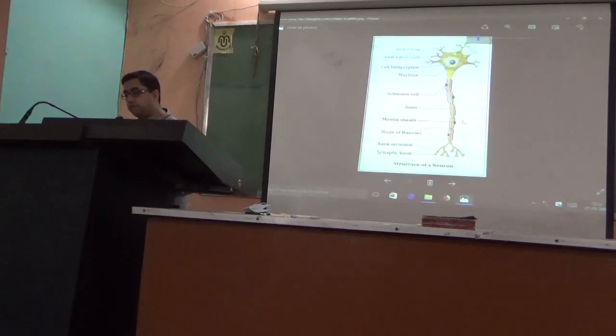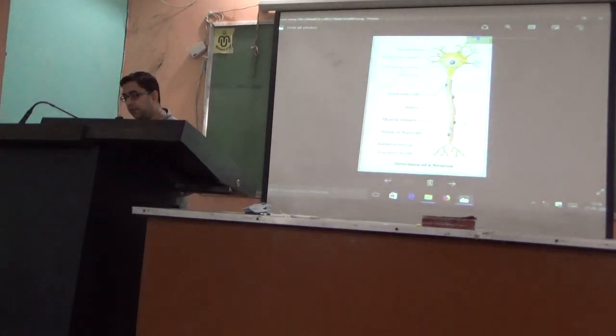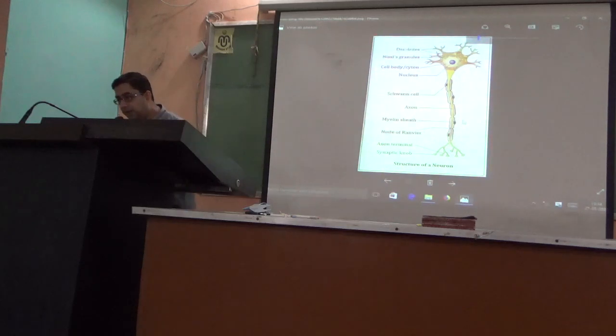Then we also have specialized granules which are present in the soma of neurons. As you can see in the picture, the dark dots consist of those specialized granules.